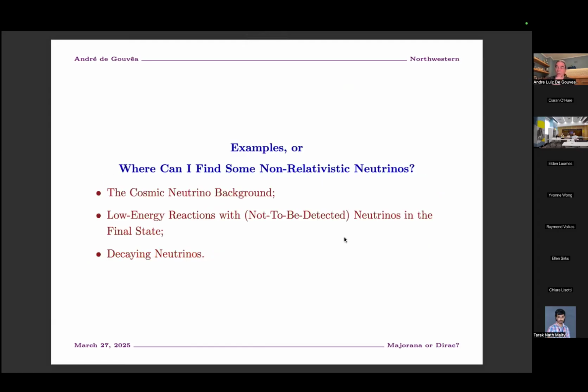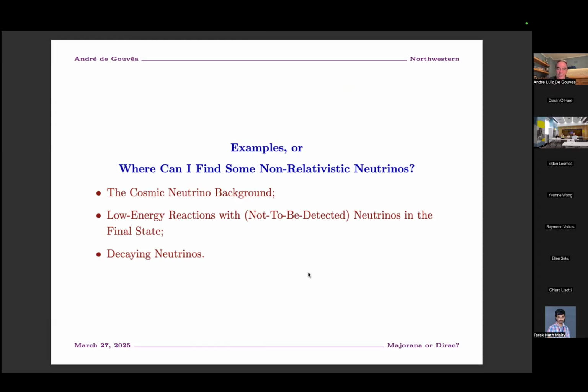So if you wanted to study non-relativistic neutrinos, what kind of choices do you have? I've highlighted 3 different choices. One is you can look for a place where there are a whole bunch of very, very low energy neutrinos. And a good place for that is the cosmic neutrino background. Another thing you can do: I told you that coming up with a source of very low energy neutrinos is very hard, but we could start out with a non-neutrino source that's low energy, and maybe we can produce the neutrinos that have a very low energy.